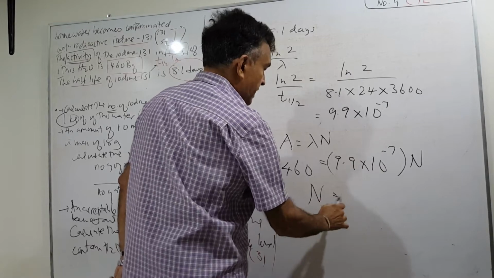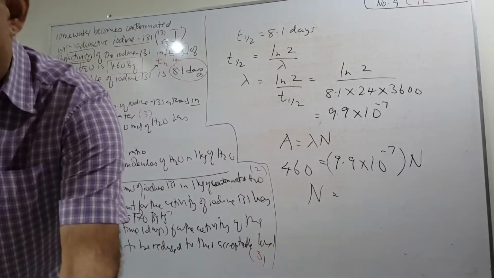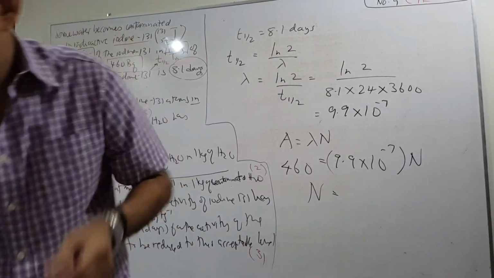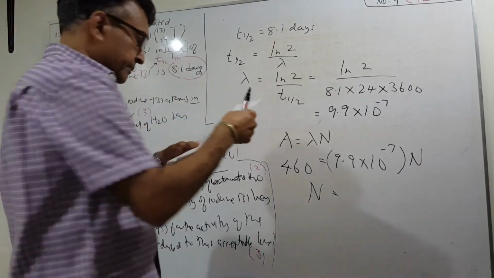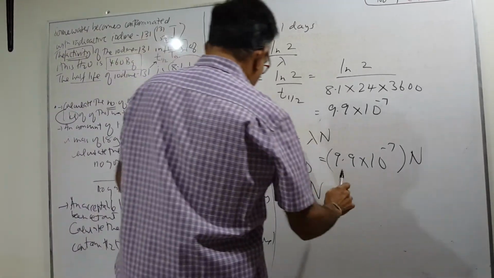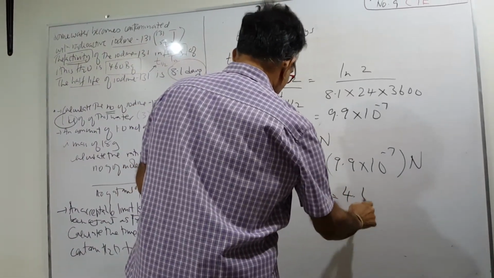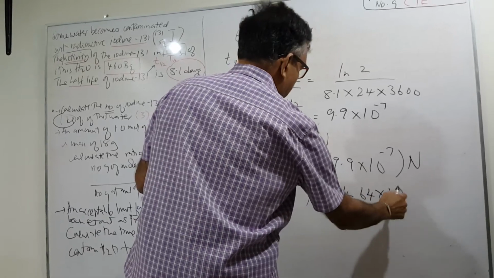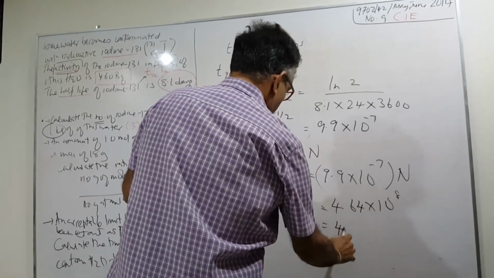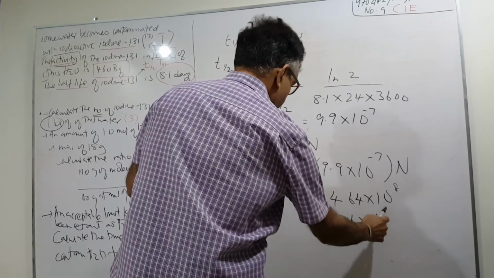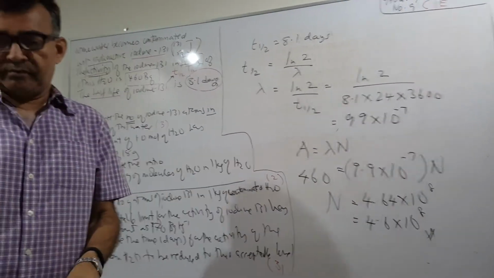Use a calculator and you will get N equals 4.64 times 10 to the power of 8. So let's just take it as 4.6 times 10 to the power of 8. And we are done.